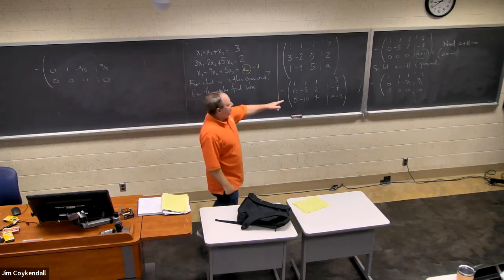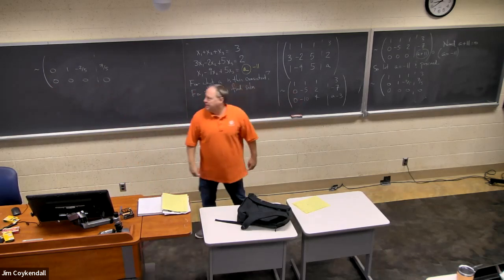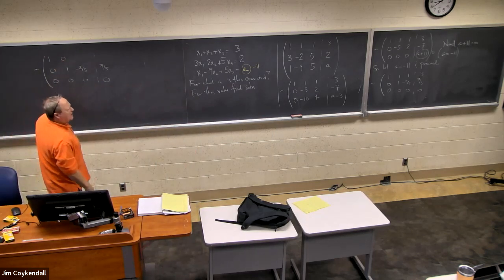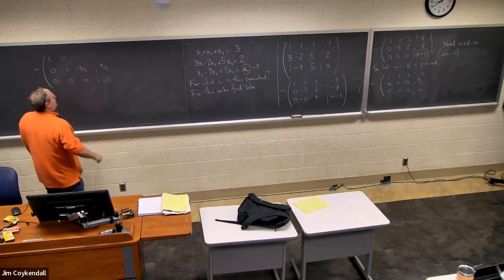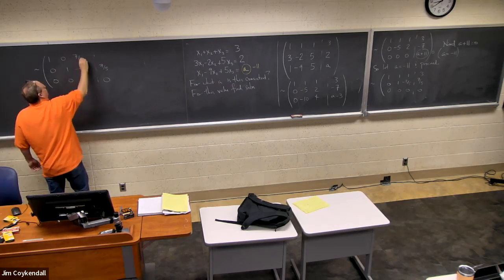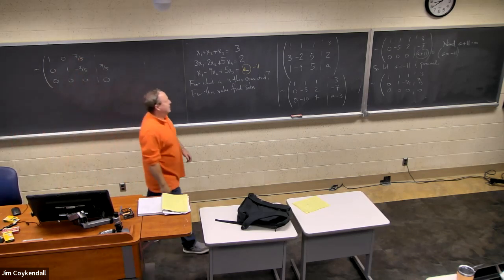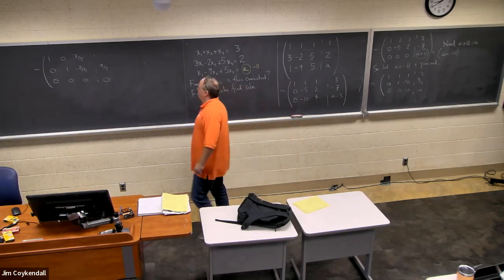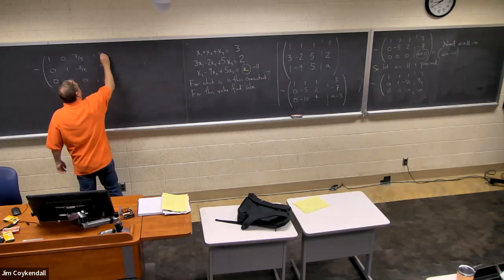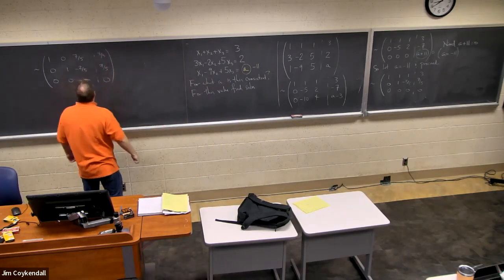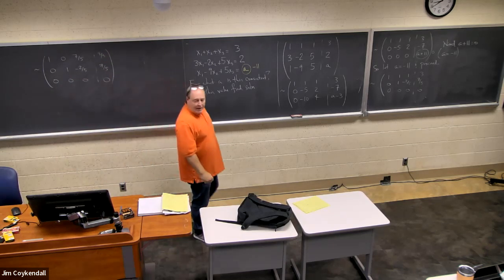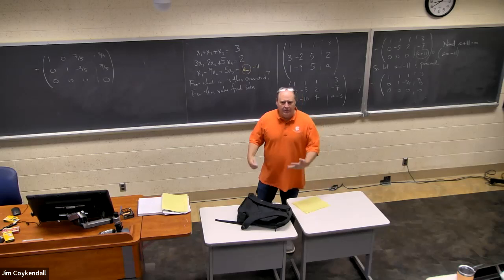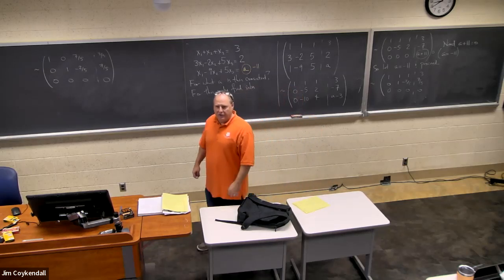And I'm going to take -1 times the middle row and add it to the top. So I'm going to get 1, 0, 7/5, and that's going to be 15/5 minus 7/5, which is 8/5. Everybody okay with that? Now, I'm very pleased with myself right now because we've got a row reduced echelon form.